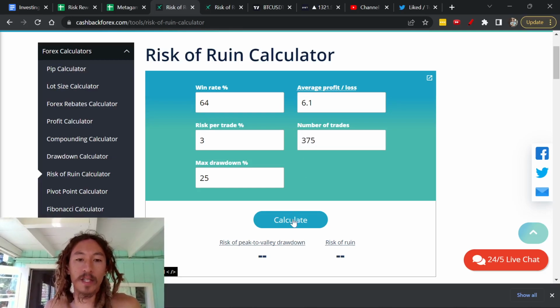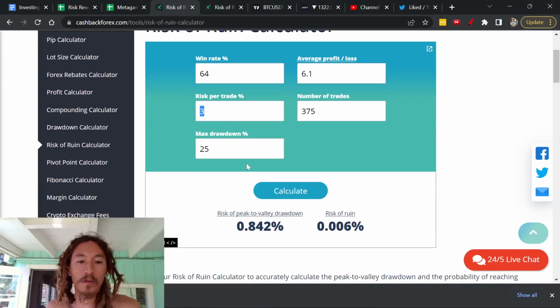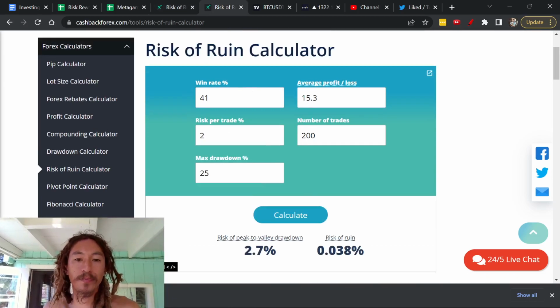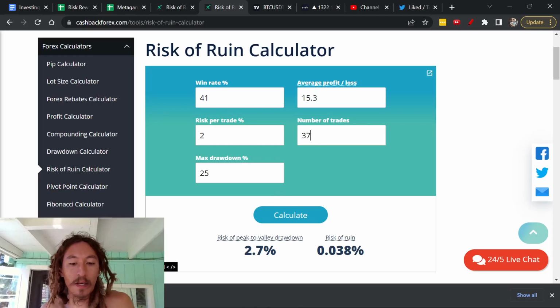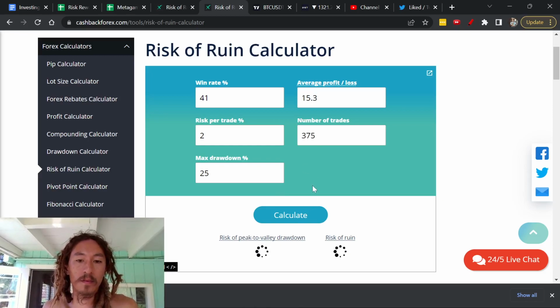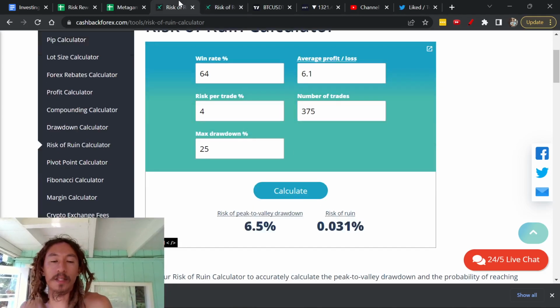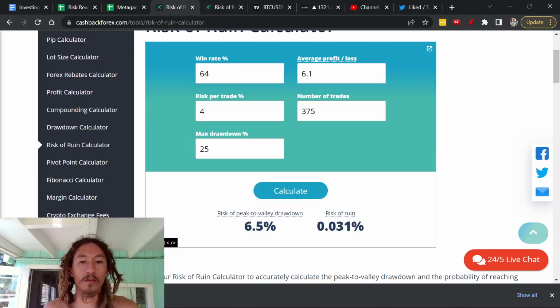So we can go with the bigger sample now. Still, 4% is very acceptable. 2% is still okay. So this gives me an idea of what I can risk, right?